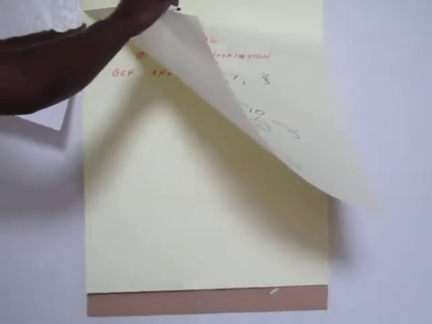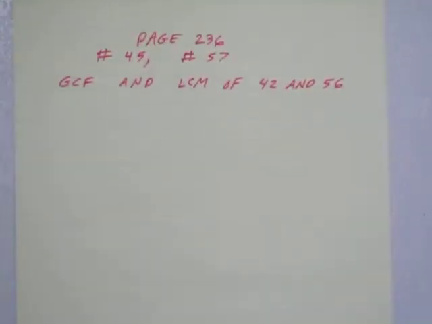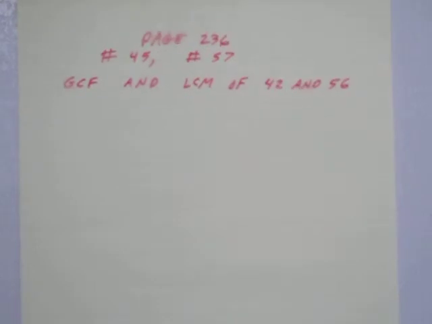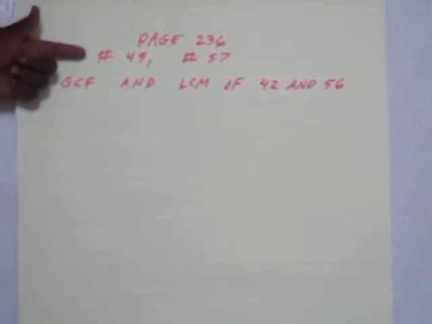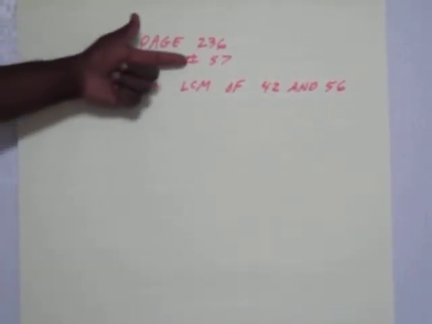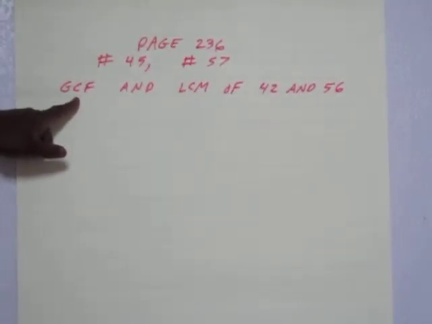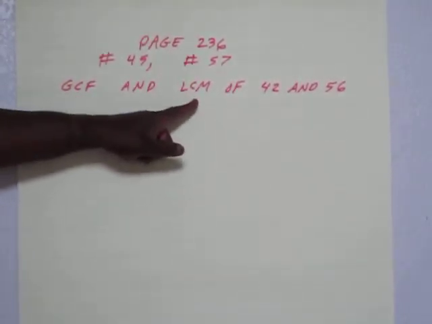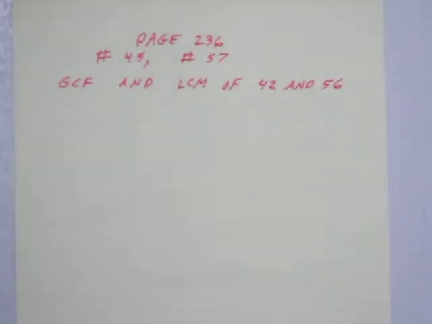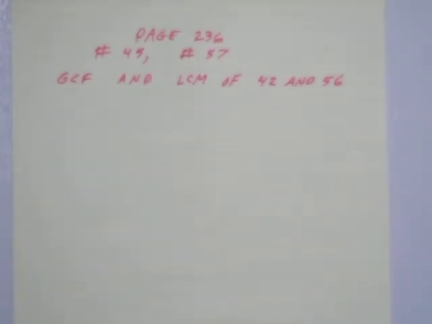One of the uses for prime factors is to find the greatest common factor and the least common multiple. On page 236, problems 45 and 57, we want to find the greatest common factor and the least common multiple of 42 and 56.